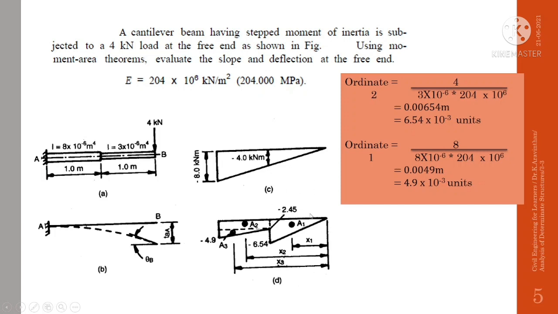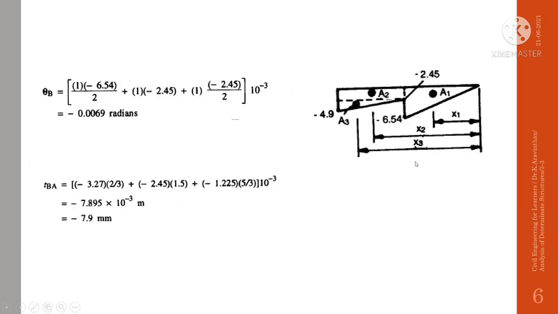So by this drawing we can use the formulas easily. Now with this diagram you can apply area to find slope and area into distance as the deflection. Now this is our drawing which has to be considered. Now for theta B, we can add all the areas. The first area is half into base into height, so half base is 1 meter and the height is 6.54.